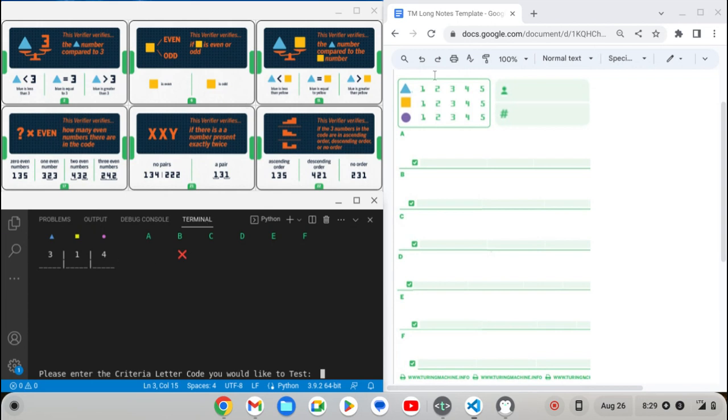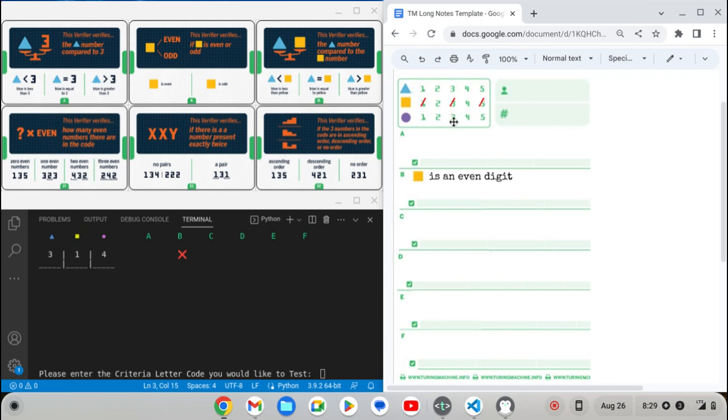So it's basically telling me that square is actually an even digit. So let's go ahead and type that up in our notes. Square is an even digit. And since it is even, that means I can cross out all the odds. So it can't be a 1 or 3 or 5.